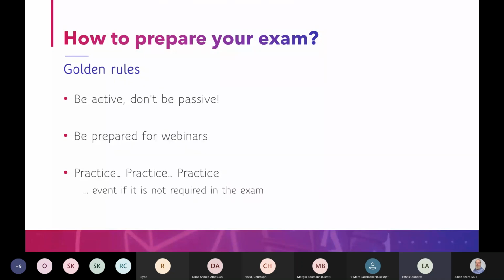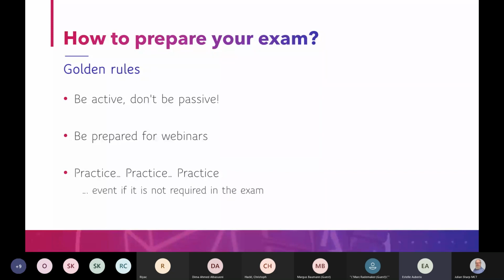It's going to be a repetition, and that is good for memorizing. It's easier to memorize something that you already saw and learned. And when you have a question in the webinar, there are always moderators or the instructor who will be able to answer your questions. So use the webinar like that, not passively. That goes back to the first rule: be active and not passive, especially for the webinar.